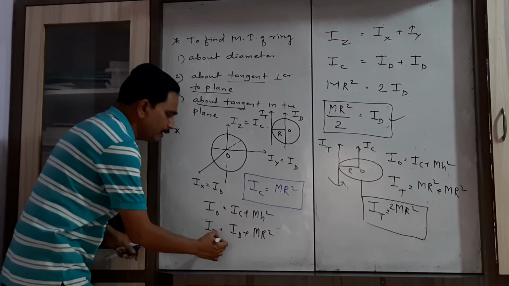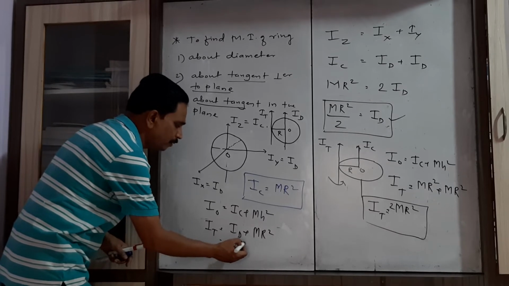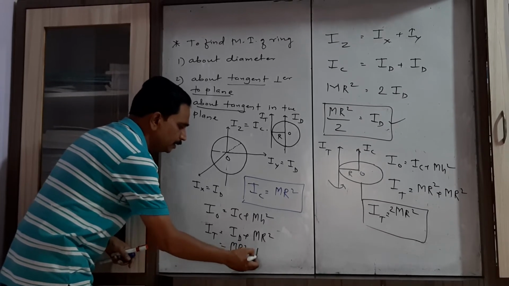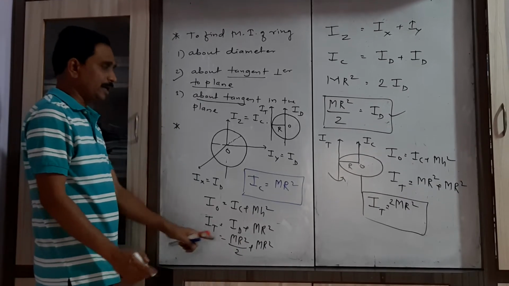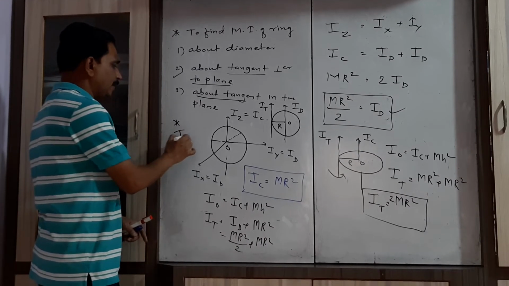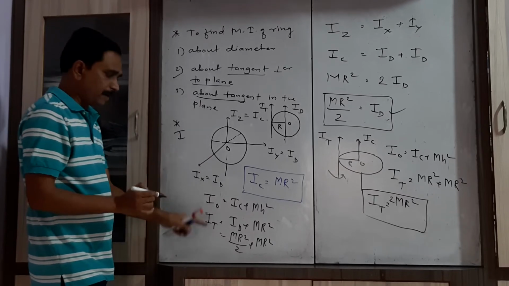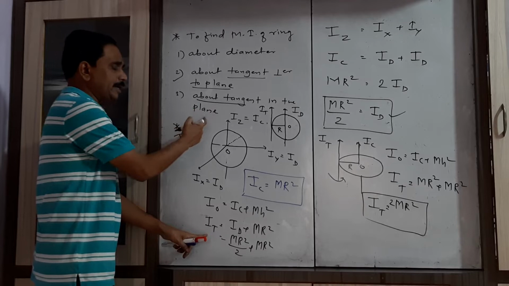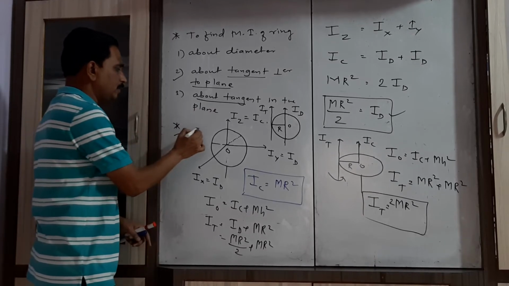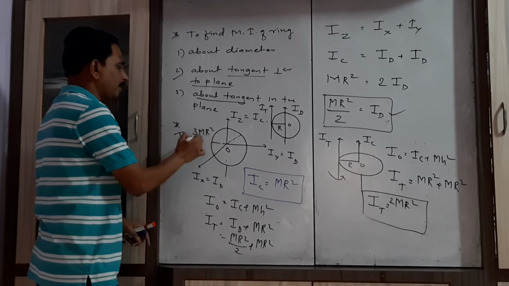So right here, mr square by 2 plus mr square. If we simplify it, what is our final answer? The moment of inertia of a ring about a tangent in the plane is equal to 3 mr square by 2.